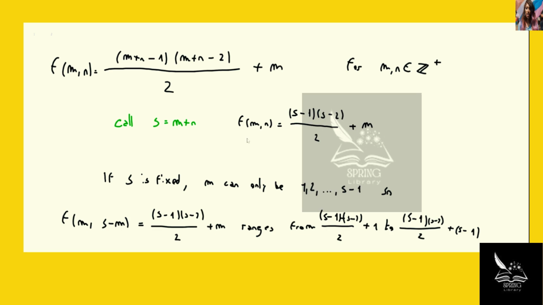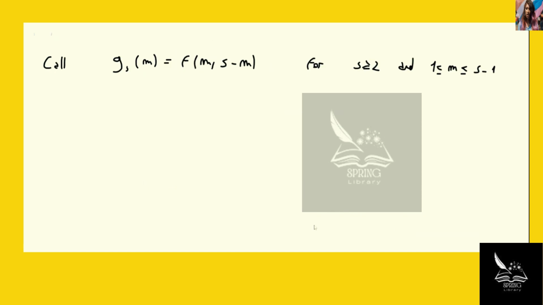Now what we need to understand is what happens when s changes. So let's call g_s(m), so s is fixed and m is a variable. So g_s(m) is defined as f(m, s - m), where s is a fixed number greater than or equal to 2, and m is allowed to vary between 1 and s - 1.